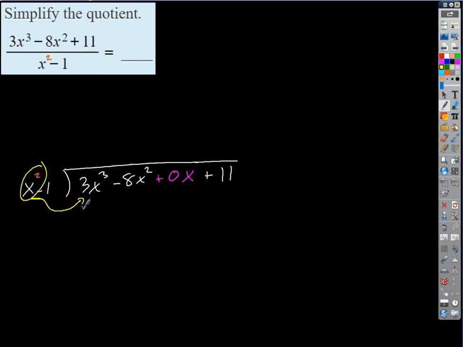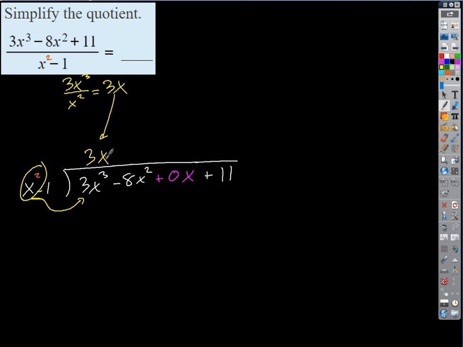In other words, 3x cubed divided by x squared equals what? 3x, right? Everybody see that? 3x is our answer, so that's what goes there. When you divide like bases, you subtract the exponents, right? So 3x cubed divided by x squared is 3x.